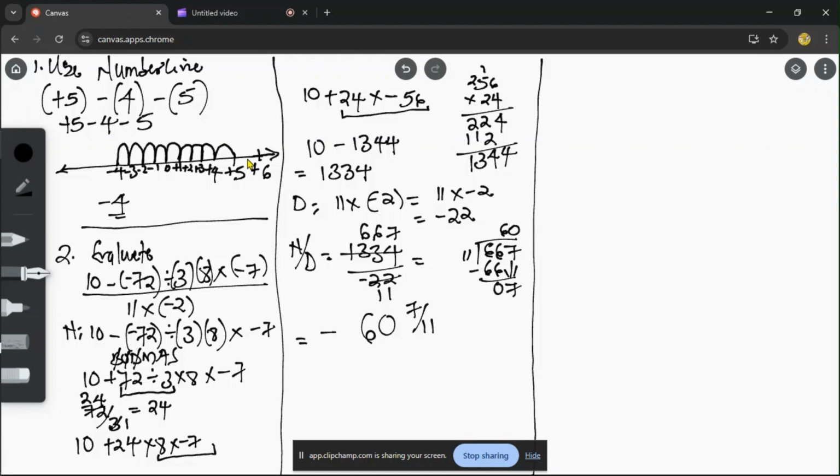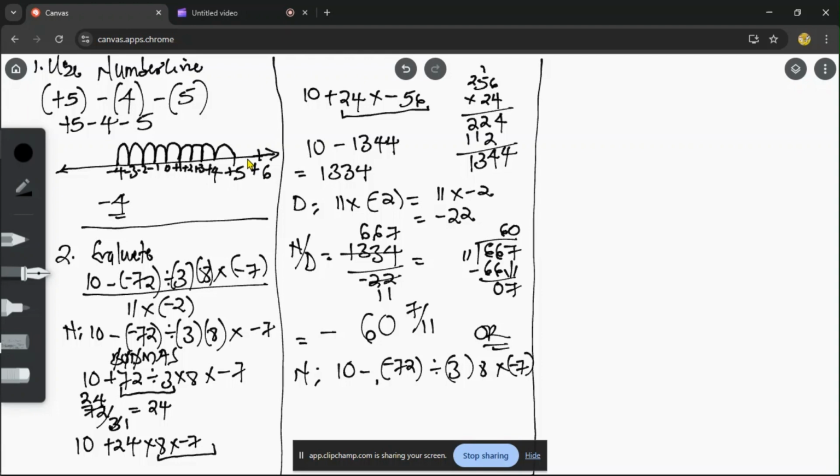But in other cases, if the numerator was, I try to solve the way it was initially before, 10 minus 72, then I am dividing by 3, then here we had 8, then I multiply by minus 7, like this. So this one is all like that. I'll first of all begin by solving out this one.